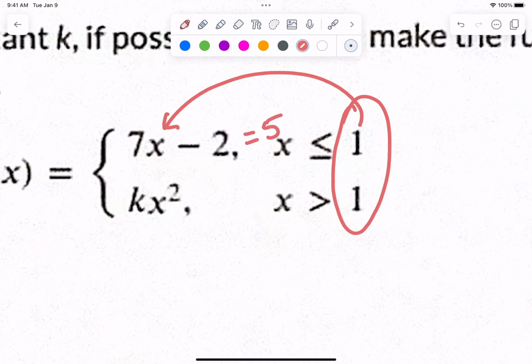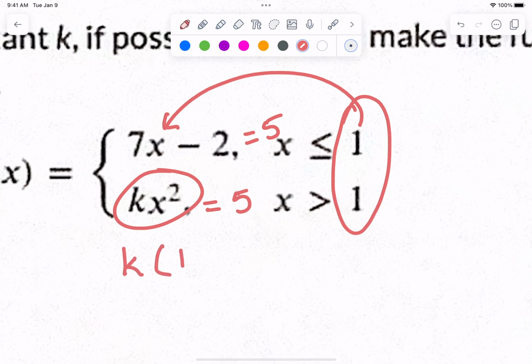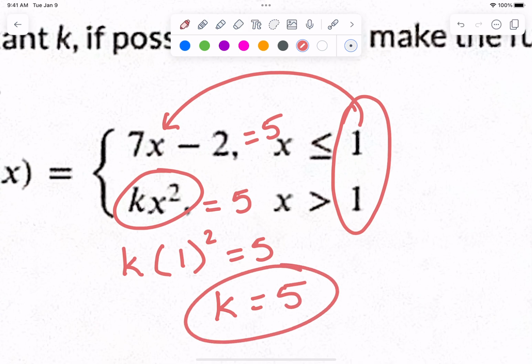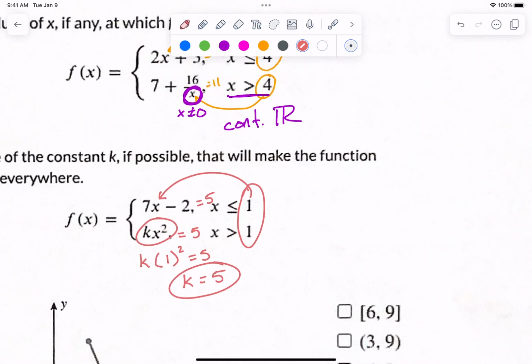If it is continuous everywhere, this has to be equal to 5 when I plug in 1. 1 goes in for x. Can I figure out what k has to be? k equals 5. In order for that to not have any gaps, k would have to be 5. You see how that works? That one's not too bad.